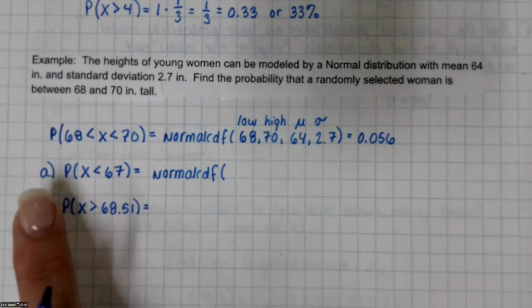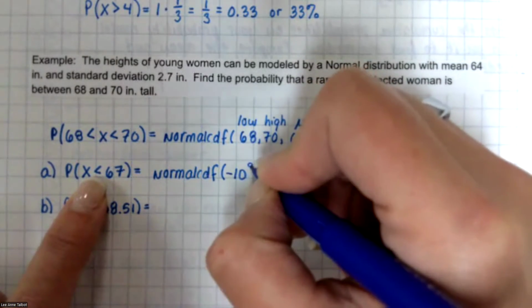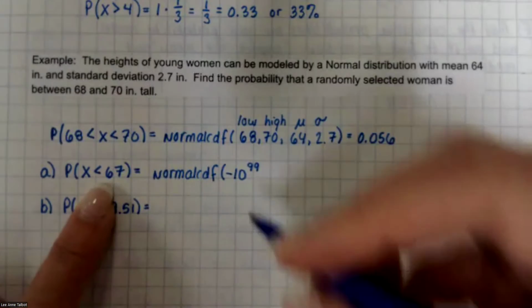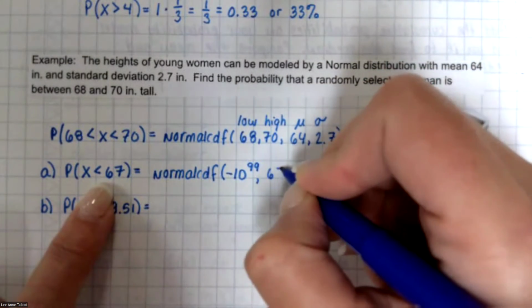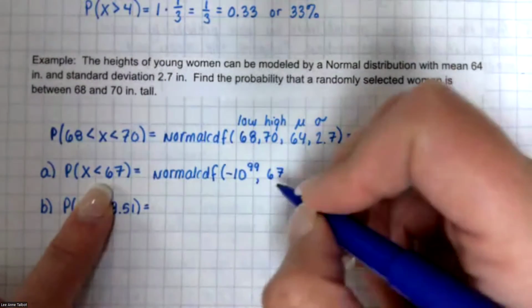Your crocodile is, okay. So that means that the low is negative infinity because it's talking about less than 67. So the low is negative infinity. The high is 67.